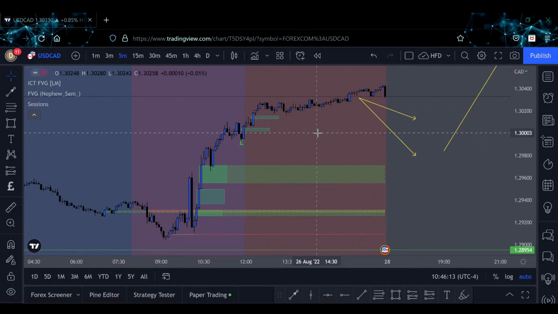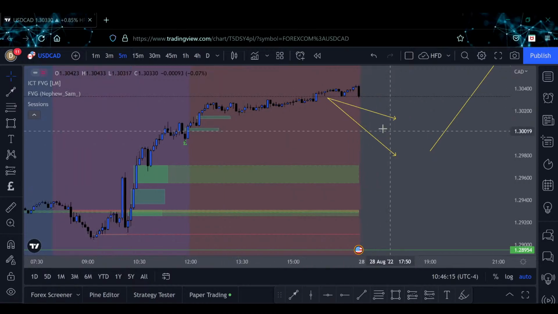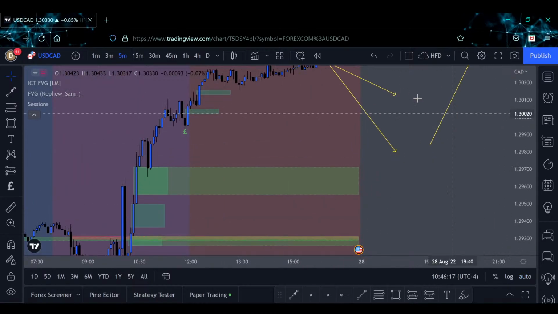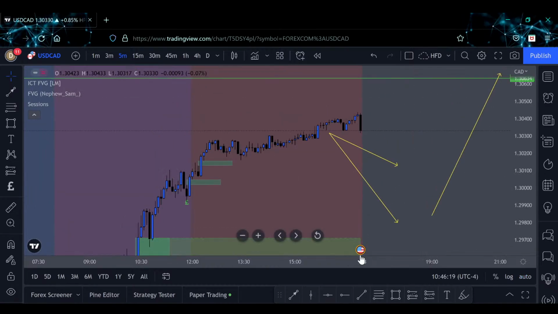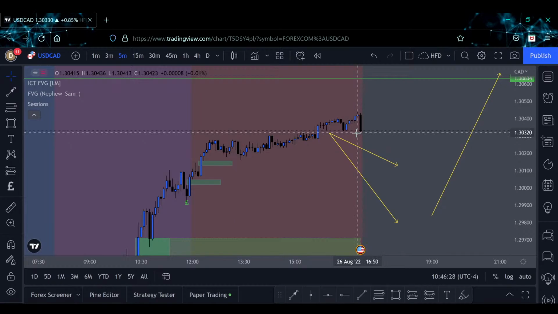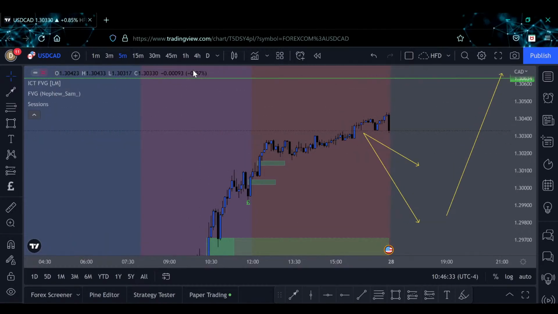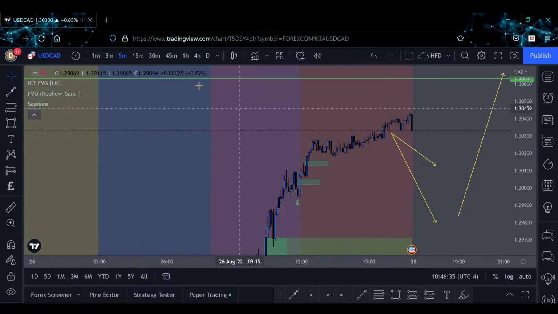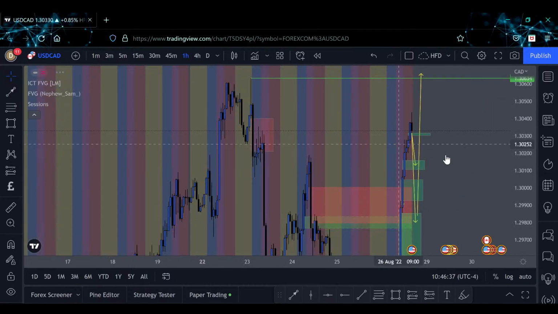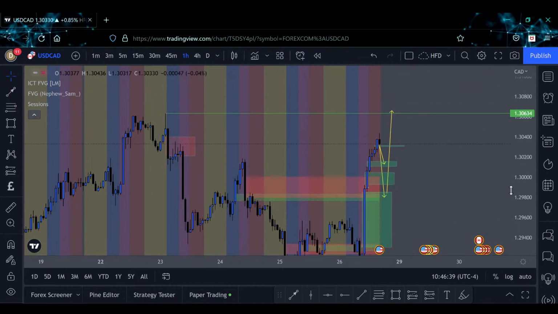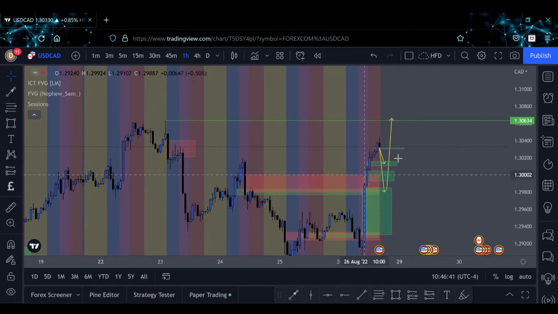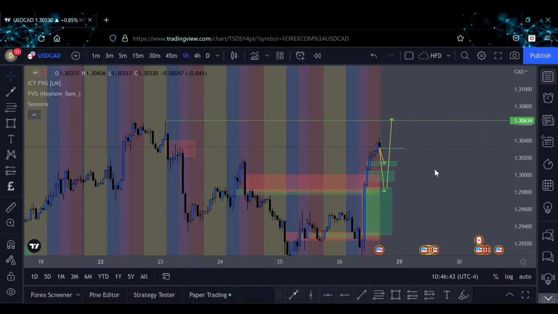So predicting is probably unlikely. It's taking this low. Let's say a pullback, take some liquidity through here, pull back into an FVG, continue up. That'll do for USD CAD.